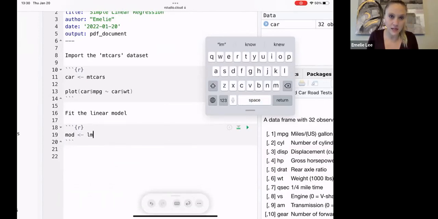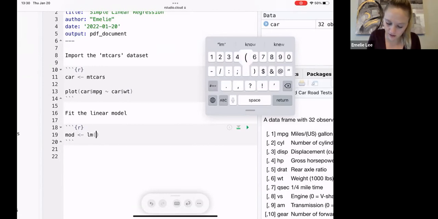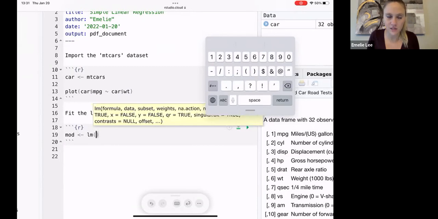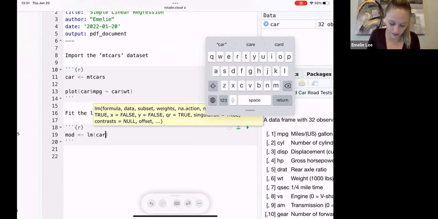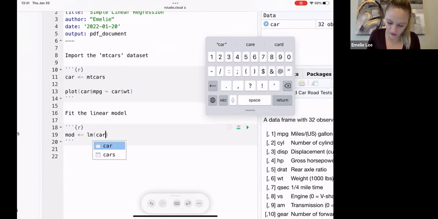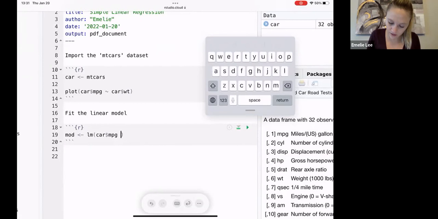It's going to be lm, and typing on this tiny keyboard is so annoying. I realized yesterday I couldn't copy and paste like I usually do. So car$MPG, and now we need to use the tilde.